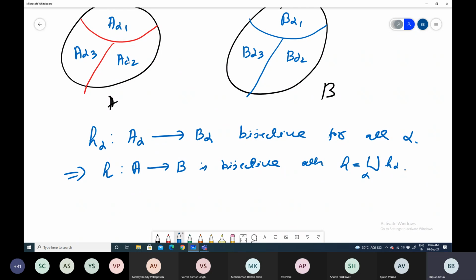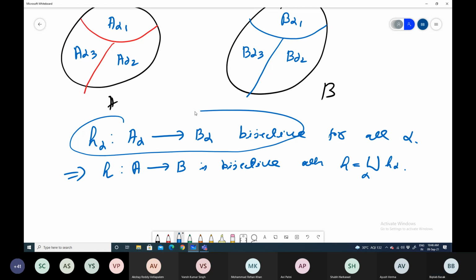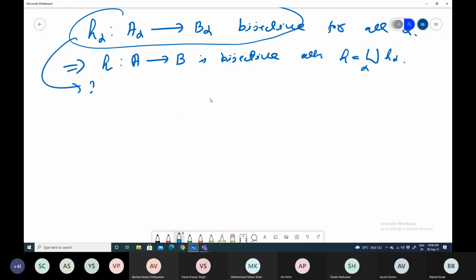Now how to define this bijective map? Now there are cases. Now suppose this is my F, G, F, G. So now suppose this is an infinite sequence.